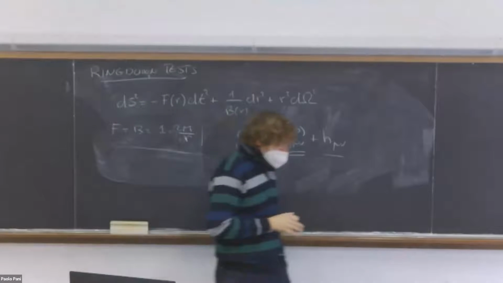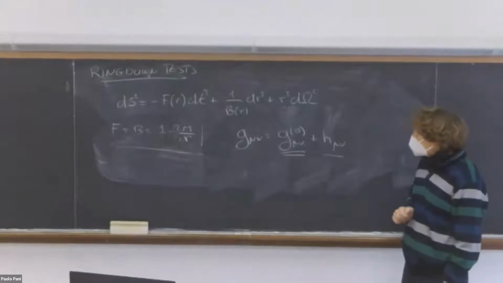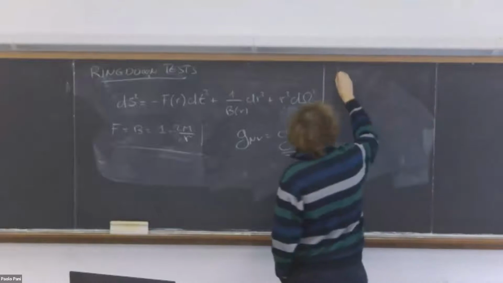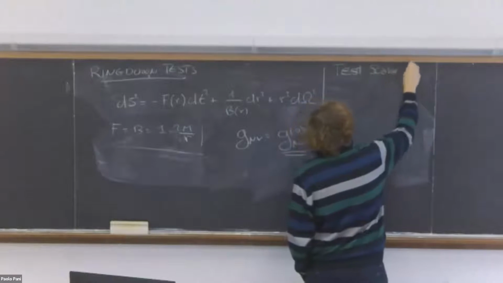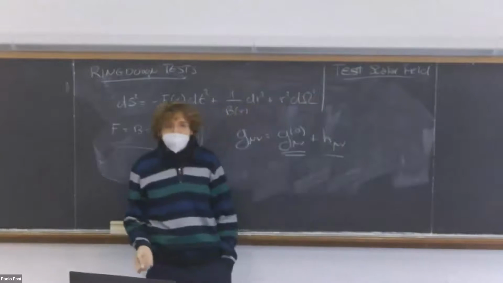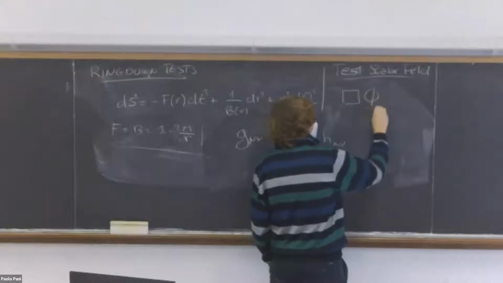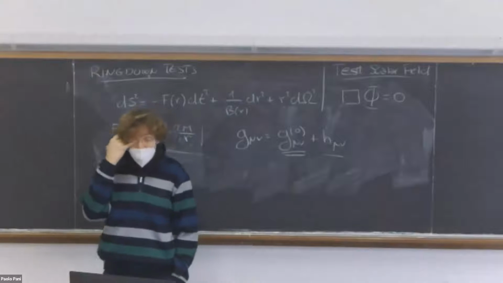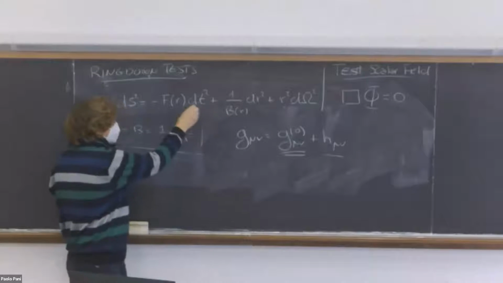In order to just make you understand the idea, instead of doing metric perturbations, I will take a test scalar field, just because the key ingredients that I want to discuss are the same. And so what I want to do is take a simple Klein-Gordon equation, box phi equal to 0, and I want to study this equation on this background.